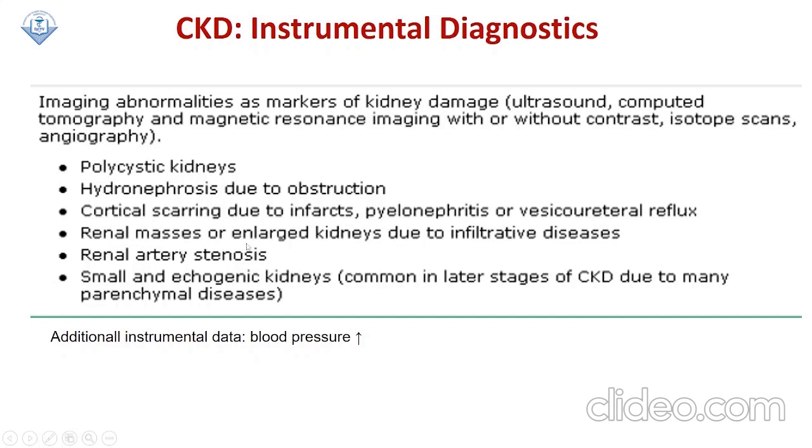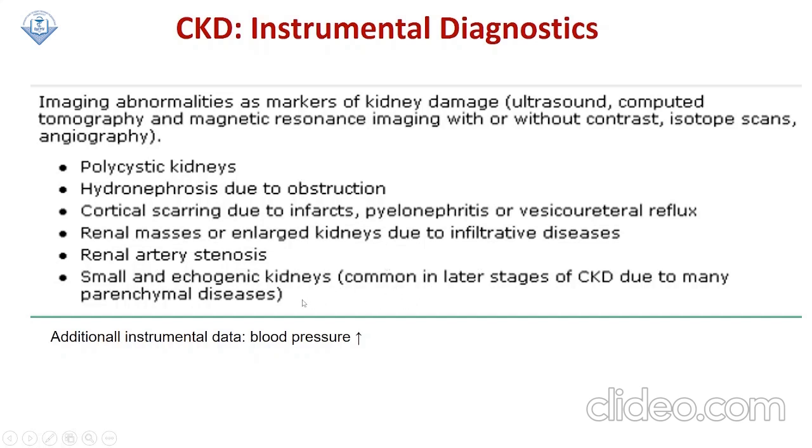Renal masses or enlarged kidney due to infiltration, inflammation, renal artery stenosis, and maybe small and echogenic kidney, which is seen in late stage of chronic kidney disease due to many parenchymal diseases.